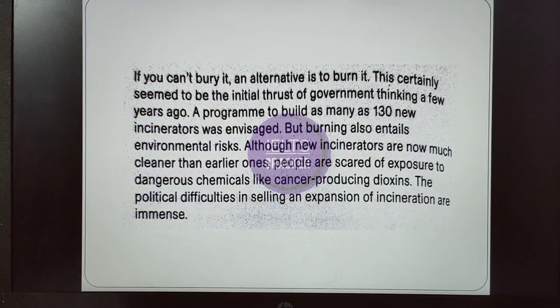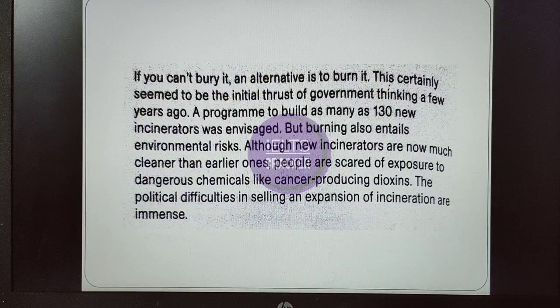So what we have read in this para, that is, if we are not going to bury the waste, the other alternative is to burn it. And this was the initial thrust of the government thinking a few years ago. And for this, guys, a program was set up, but some environmental risks are also attached to this method.